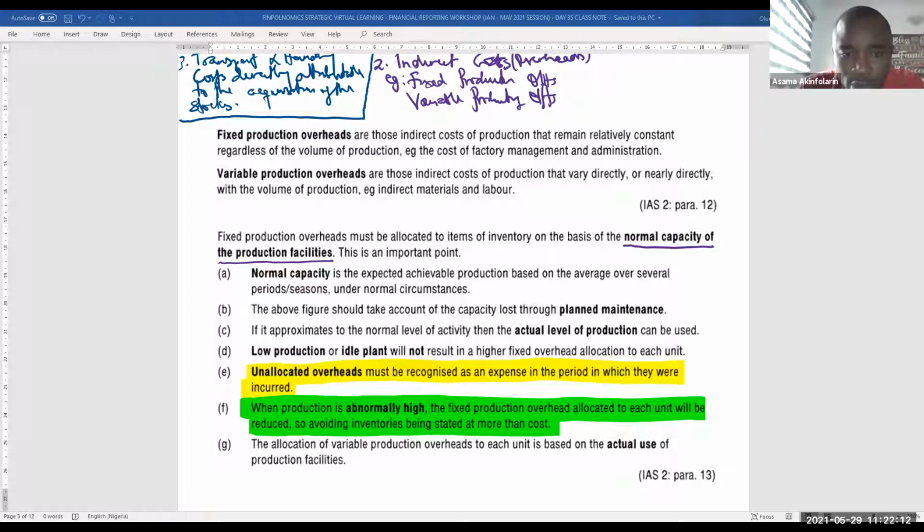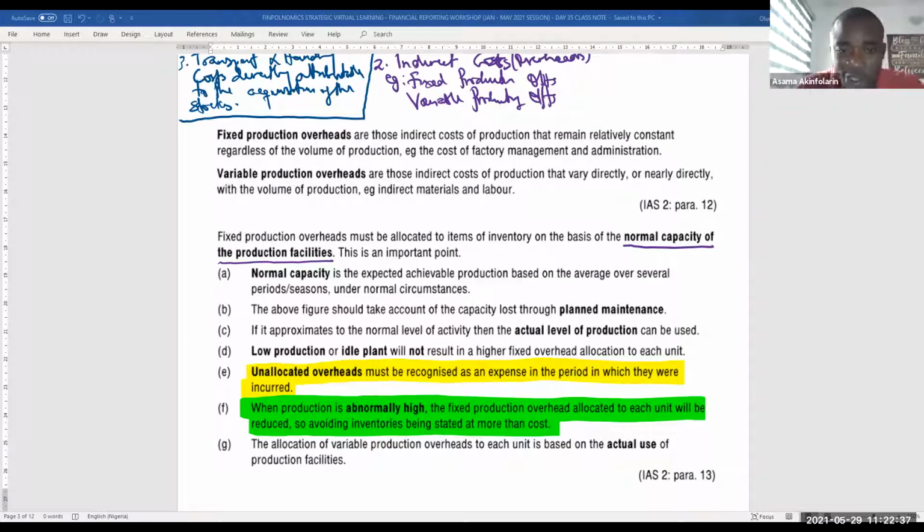Hello, sir. Let me try, sir. So I think if we say product cost, it should be a cost that can be directly attributable to the unit of the inventory.